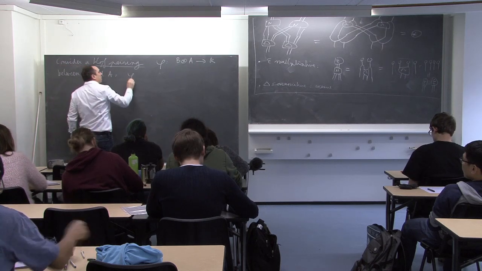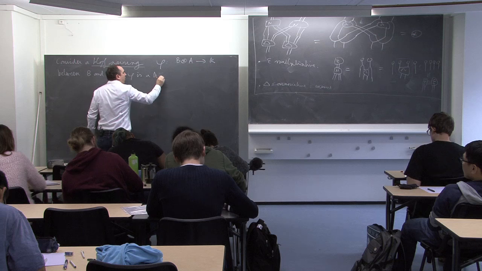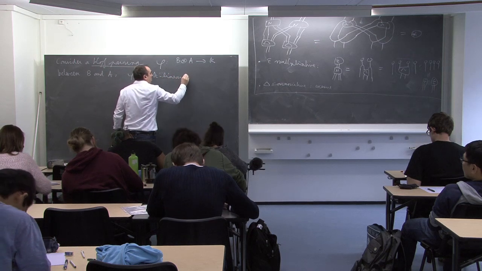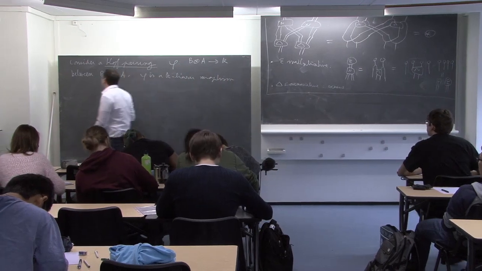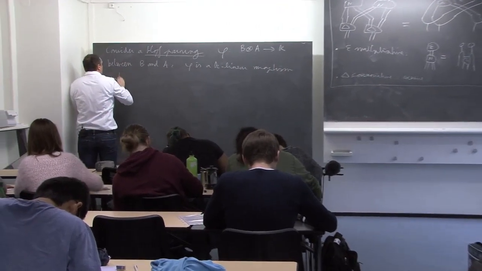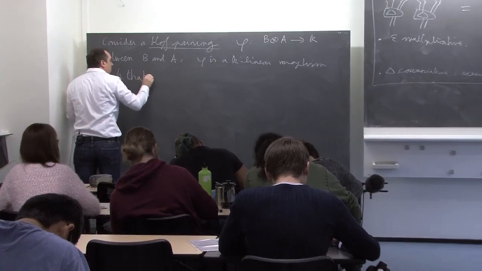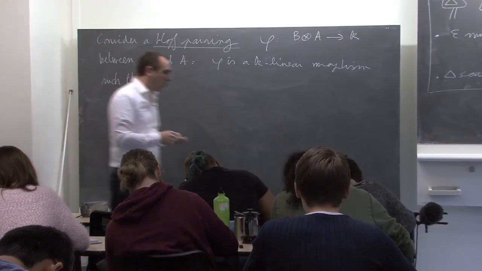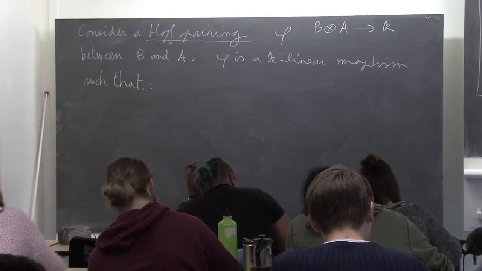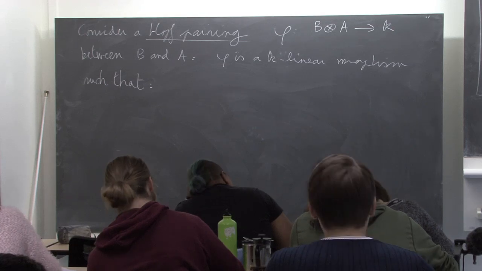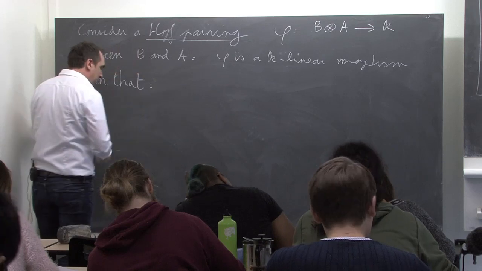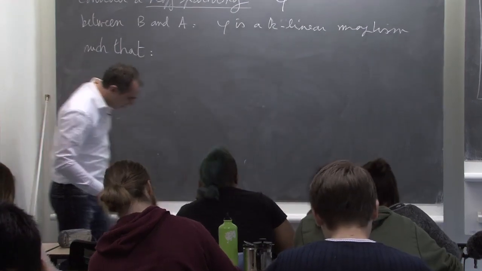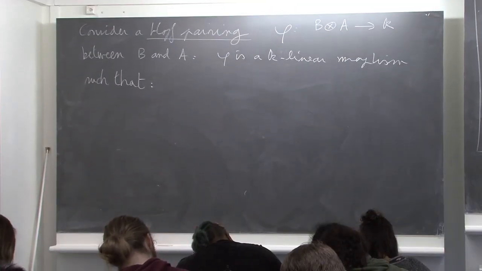Phi is a k-linear map such that, okay, maybe I use color once to see the axioms.